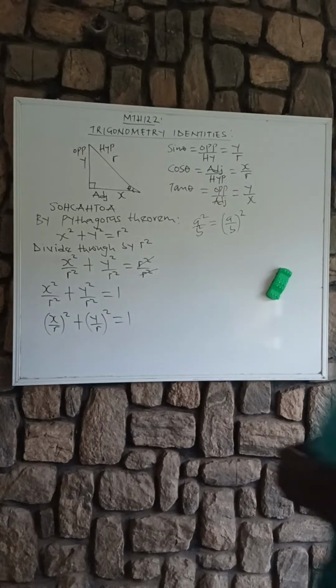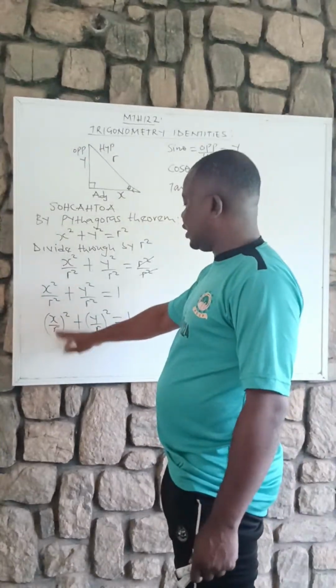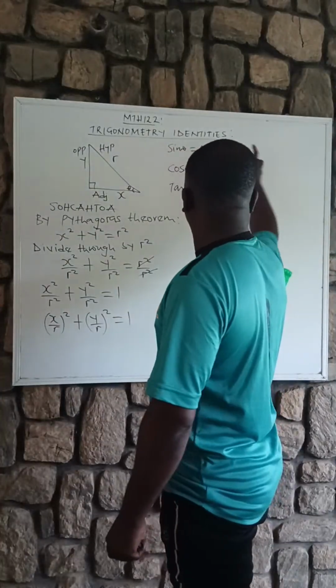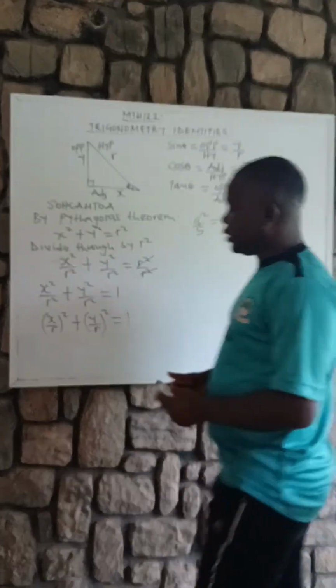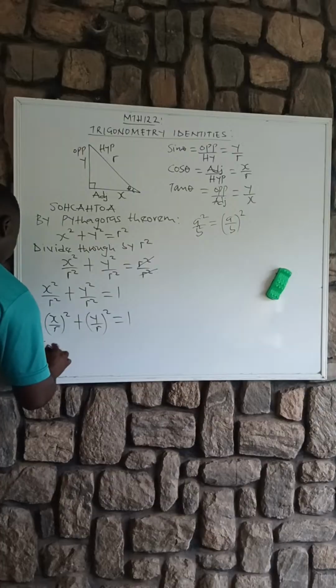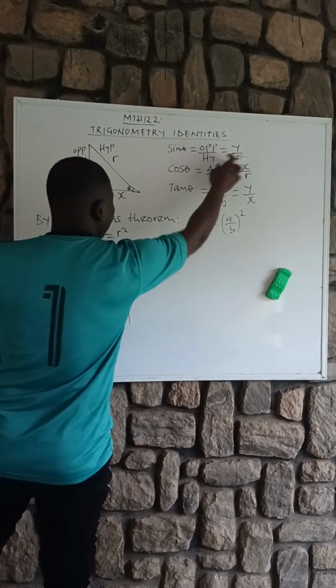So if you can see what I'm saying, let's define x over r. What is x over r? X over r is cos theta, true or false? So we write cos theta all squared plus, y over r is sin theta.